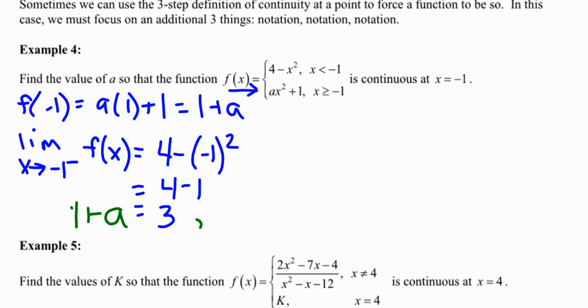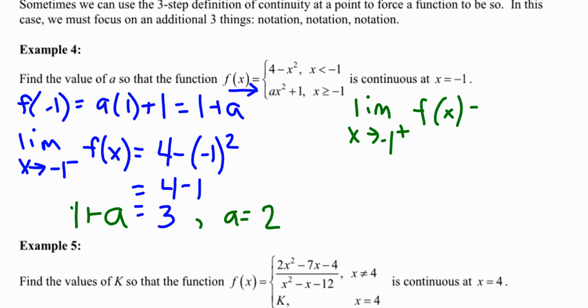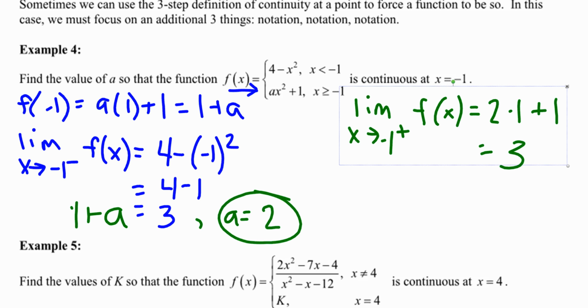Solving that, we get a equals 2. Just to double check, the limit as x approaches -1 from the right this time: if we let a equal 2, we have 2 times 1 plus 1, that should also equal 3, and it does, so we know that is the value that will make this whole function continuous.